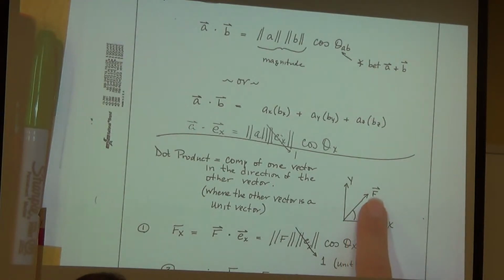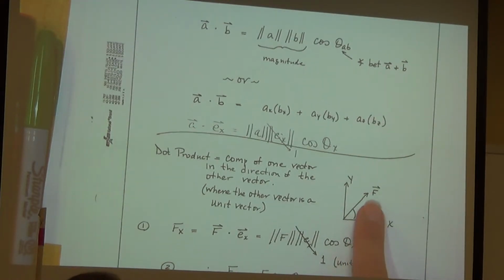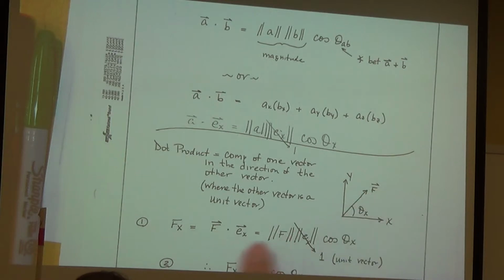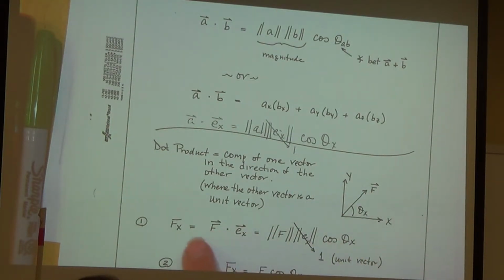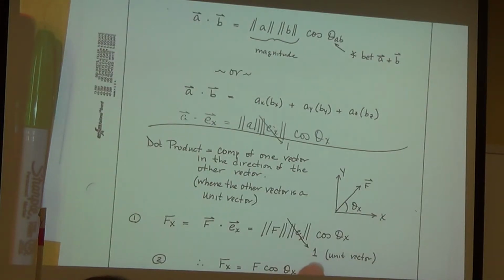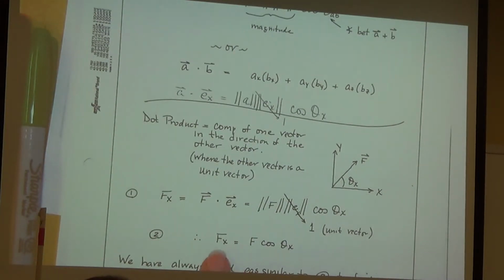To find the x component of a force, I take F times the cosine of the angle. Really what you're doing is the dot product: dotting the force vector with the unit vector in the x-axis, which cancels out to be 1. Therefore, Fx is equal to F times the cosine of theta.